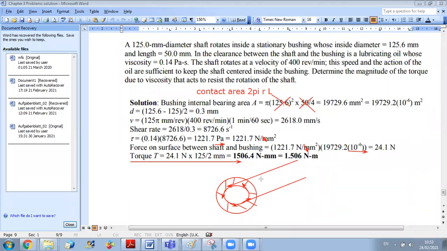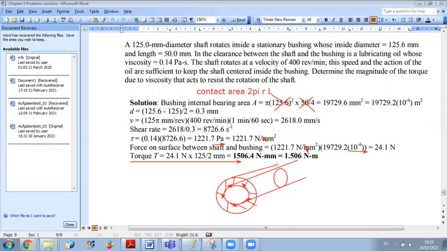Imagine the oil between two cylinders. The area of contact is the periphery of the cylinder, 2 pi r times its length. At any section in between, you have contact with the oil, because the oil is between the two cylinders.